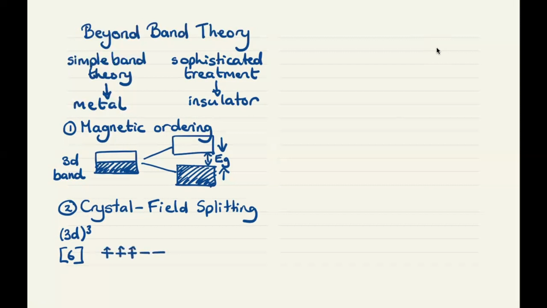And even considering the magnetic ordering, the band would be 3/5 filled. Whereas with the crystal field splitting, we know that the energy levels split into a T2G and an EG level, and our 3 electrons would fill the T2G and they'd be separated by the crystal field band gap. So again, the simple picture that doesn't take into account the crystal field splitting would give us a metal, and the more sophisticated treatment would give us an insulator.